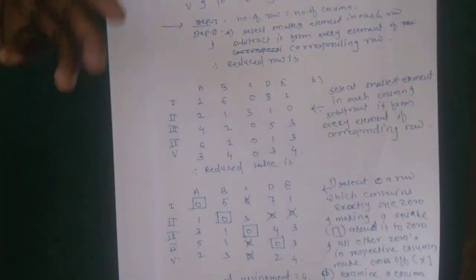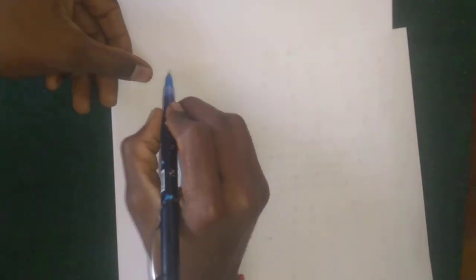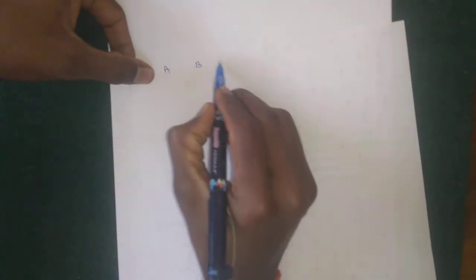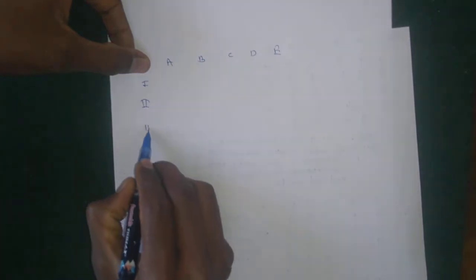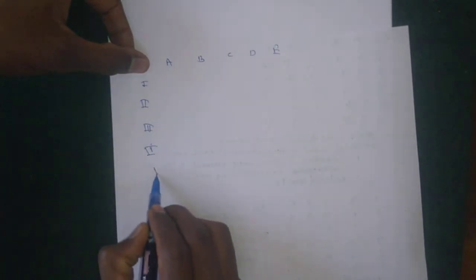Now we draw a line. Okay, so this table is written in the form of A, B, C, D, E, then first, second, third, fourth, and fifth.